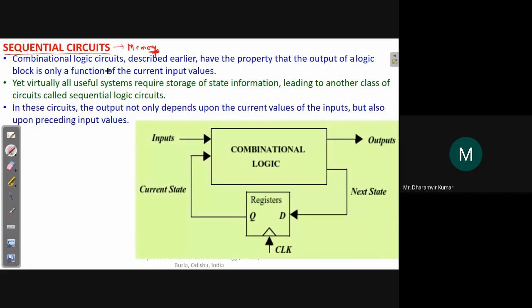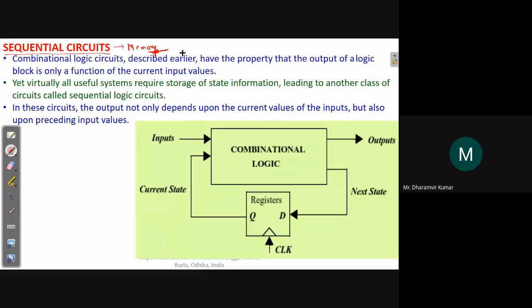This is the usefulness of memory: when a circuit has memory, the current output value will be decided by the current input values as well as the previous input and output values.